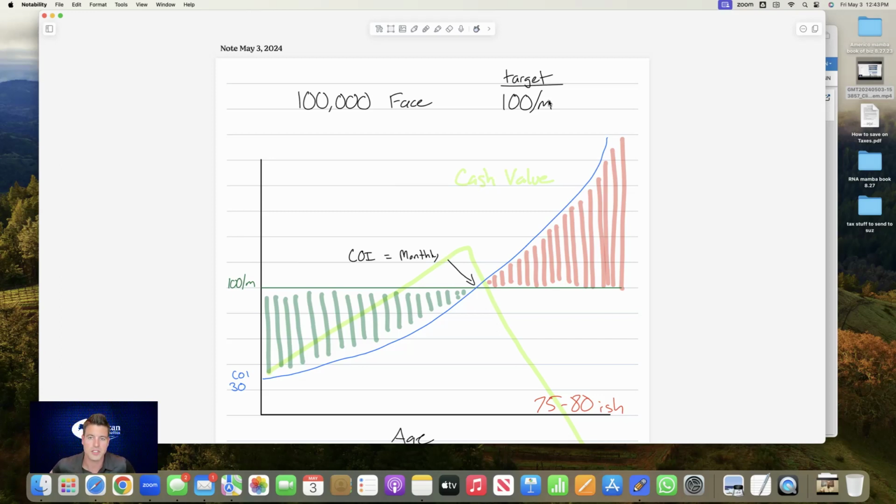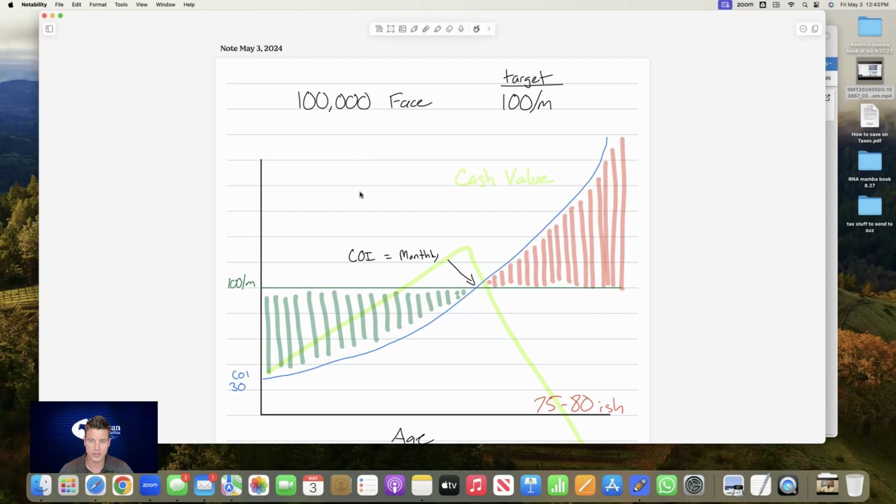So let's just take a common one. People always try to get the target. What does that mean? That means we're paying $100 a month, and here is the $100 a month premium, which isn't going to change. They're going to assumingly pay that forever. We've got the cost of insurance. Let's say, for example, it starts off at $30 a month the day they took the policy out.